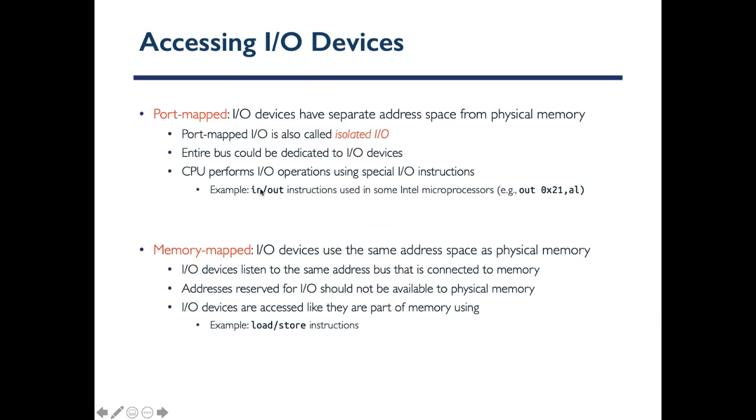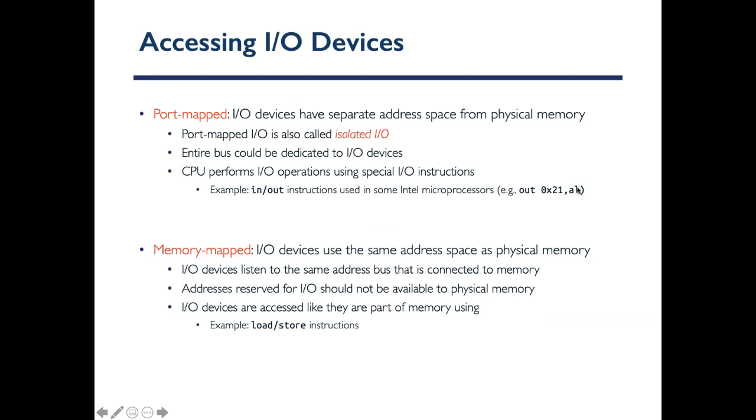To do that, usually you have to have instructions that are specific for I/O. In Intel, for instance, you use in and out instructions, if you have Intel microprocessors that have a separate bus for I/O devices. For instance, you say out AL to address 21.